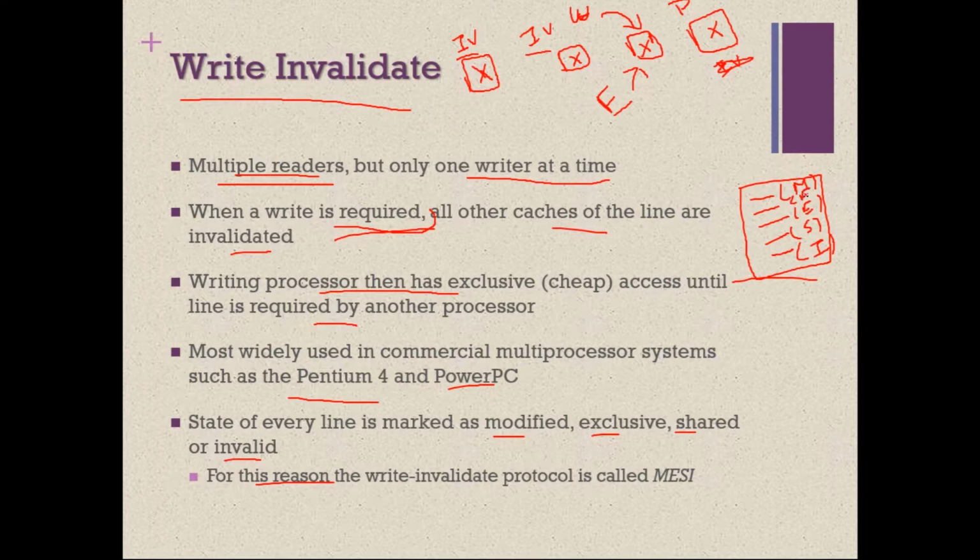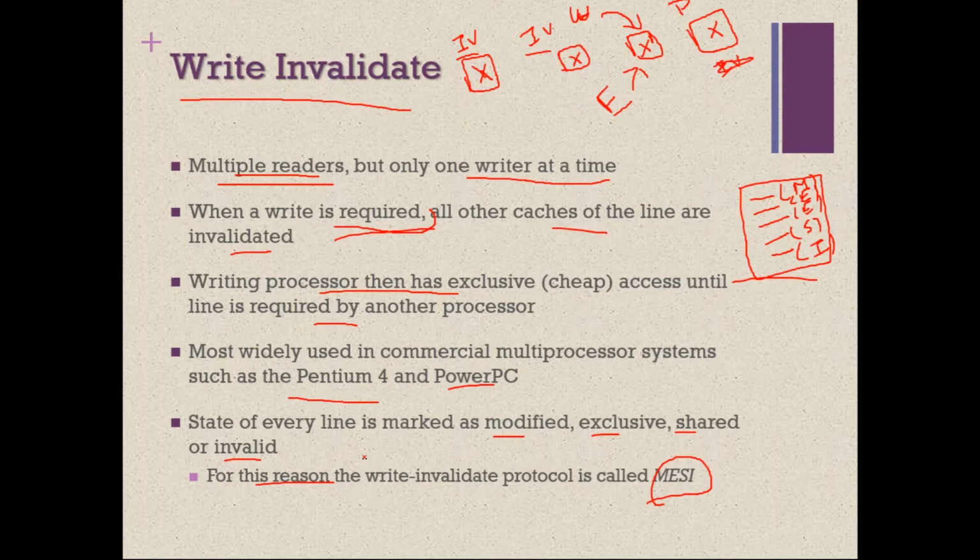Are you getting it? So this write invalidate protocol is otherwise called the MESI protocol, where M stands for modified, E stands for exclusive, S stands for shared, and I stands for invalid. We are going to discuss this MESI protocol in detail, but this is a brief overview.